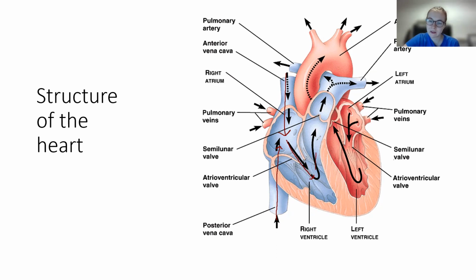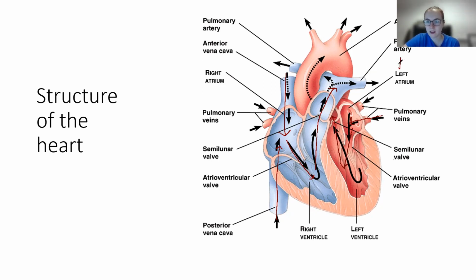We go up through our semilunar valve into our pulmonary artery, and then we go to the lungs. We come back through our pulmonary veins into our left atrium, through our AV valve into our left ventricle, and up through our semilunar valve into our aorta.